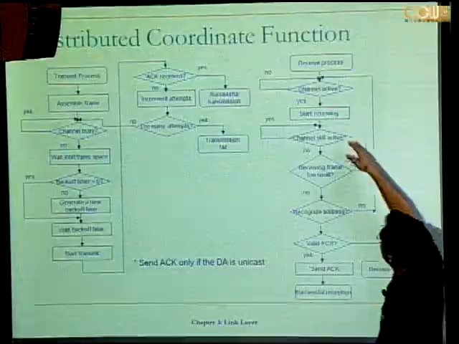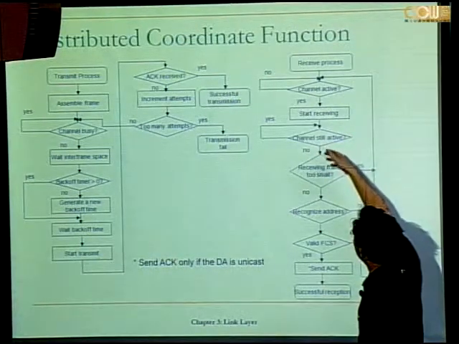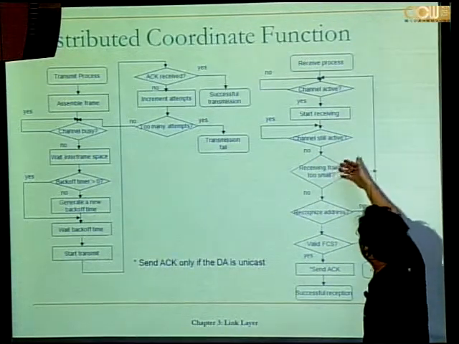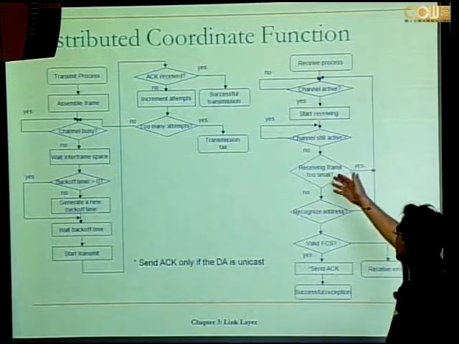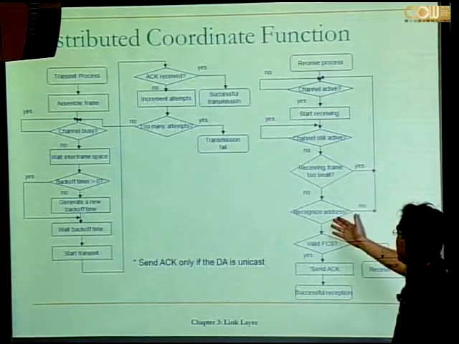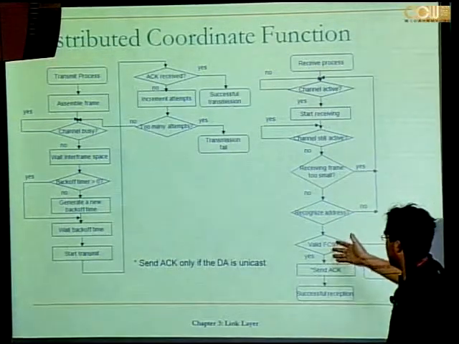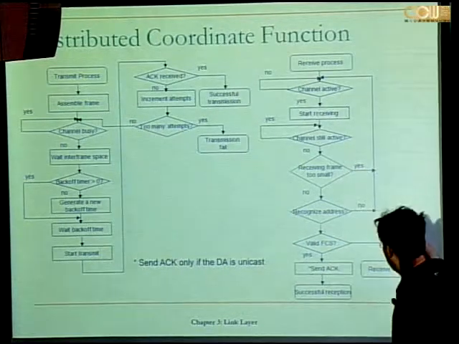Once you start to receive, you check whether it's over, and if it's over, then you do a sequence of checks. You check whether the frame is too small, and recognize the address. Is this for me? If yes, then do the FCS, the CRC check, then done.